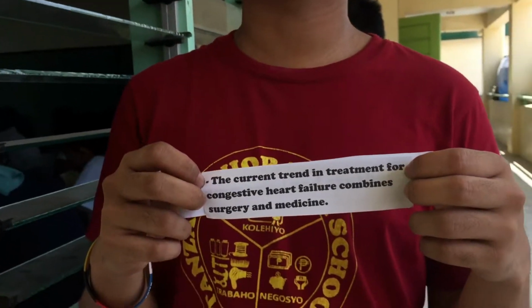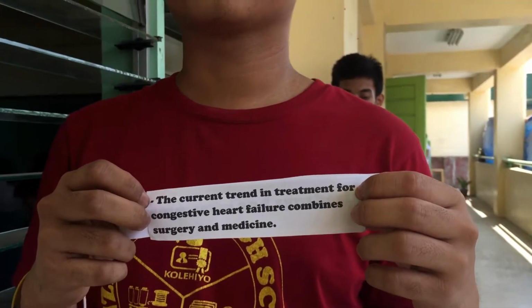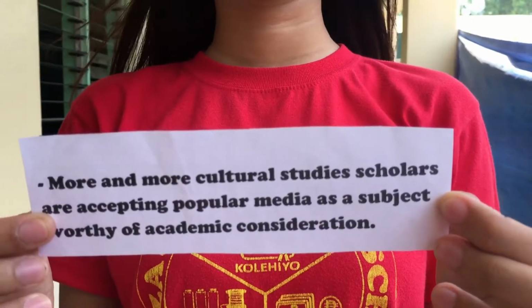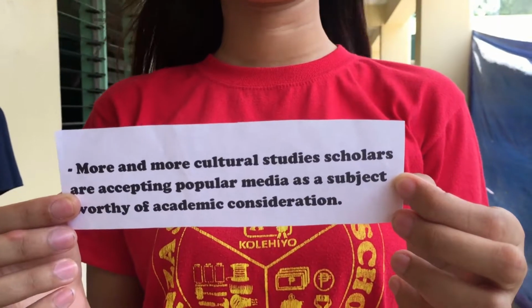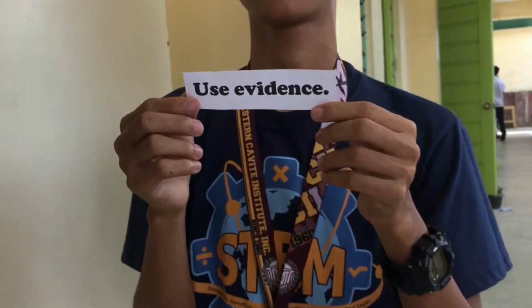Here are a couple of examples. The current trend in treatment for congestive heart failure combines surgery and medicine. More and more cultural studies scholars are accepting popular media as a subject worthy of academic consideration. Next, use evidence.